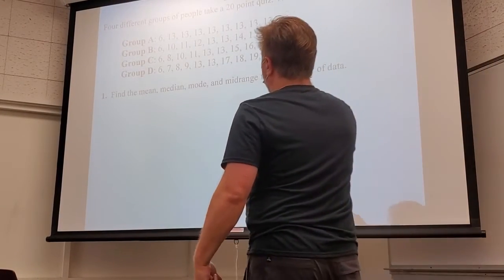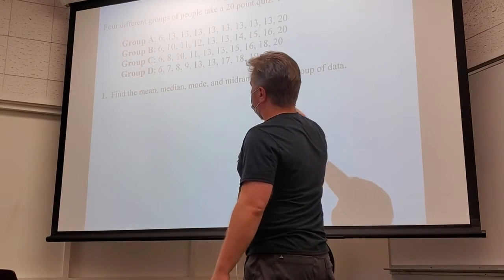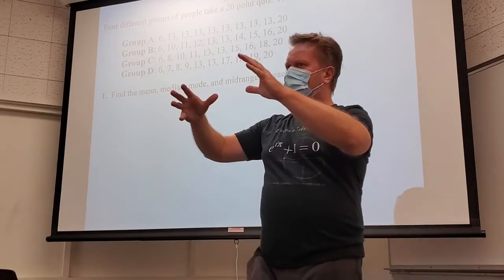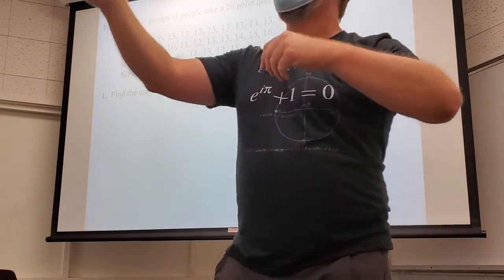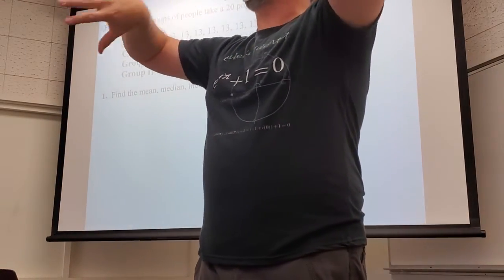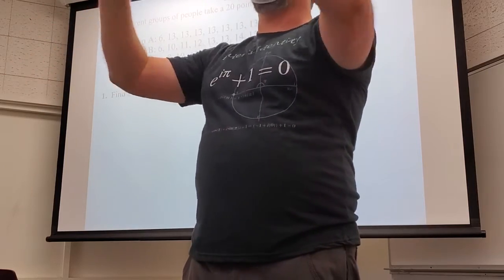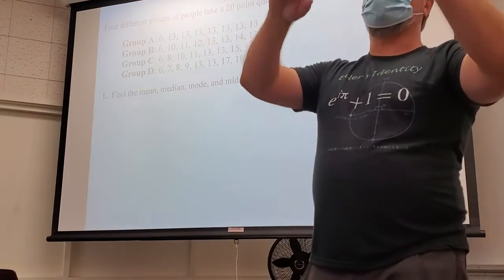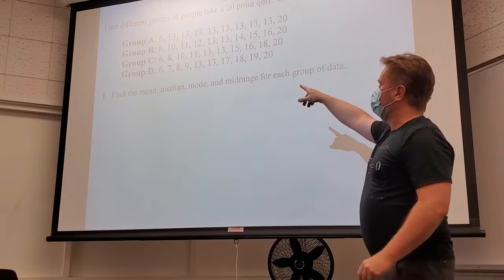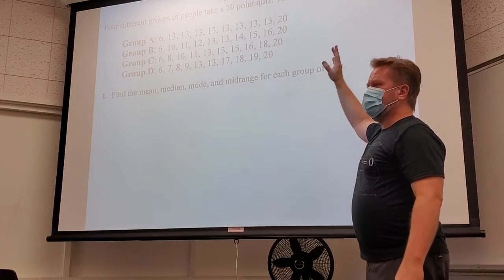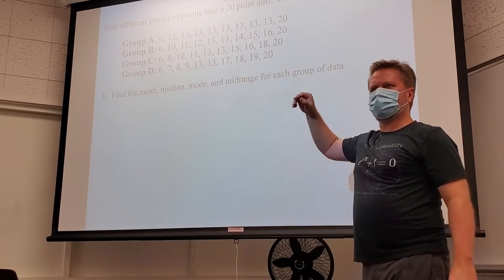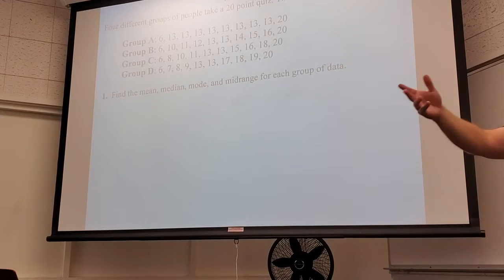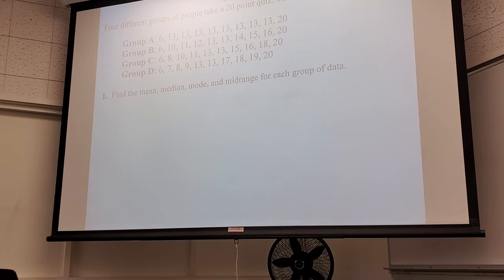So I want to construct a formula that gives me a number that tells me how spread out the data is. Now somebody help me out. Why did you say group D was the most spread out?